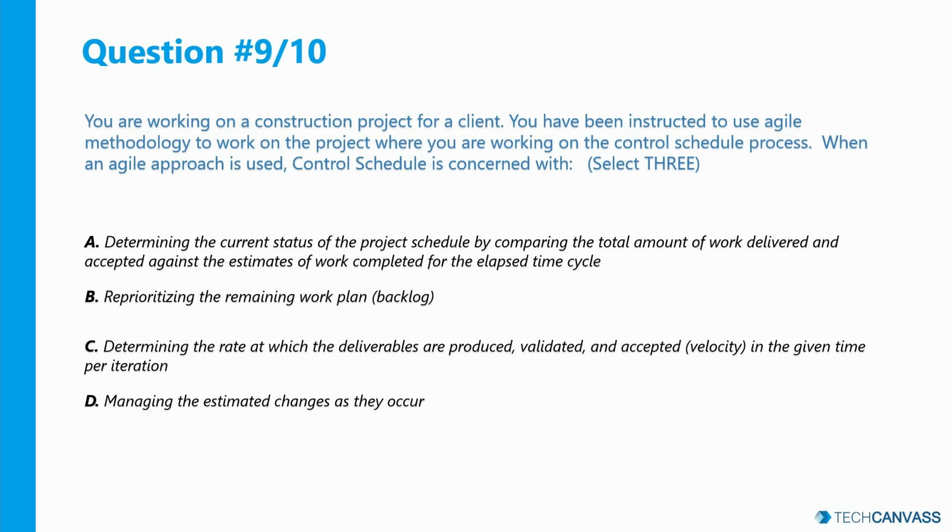Now, conducting retrospectives for correcting process and improving if required, determining the rate at which the deliverables are produced, validated and accepted in the given time per iteration, determining that the project schedule has changed, managing the actual changes as they occur. Okay, this also relates to reprioritizing the remaining work plan. So the three items that are more relevant to control schedule are option A, option B and option C.